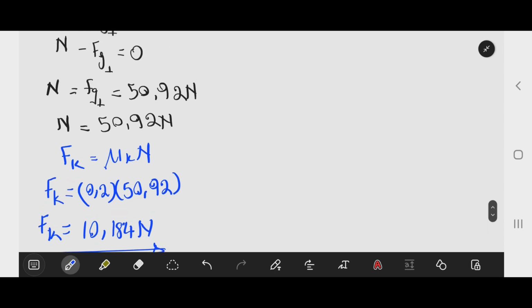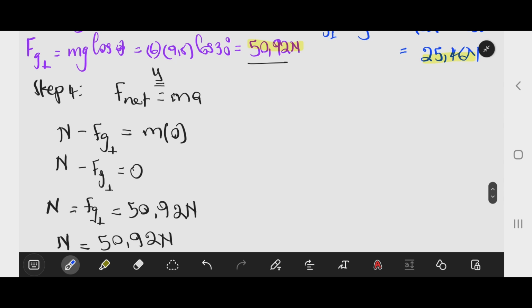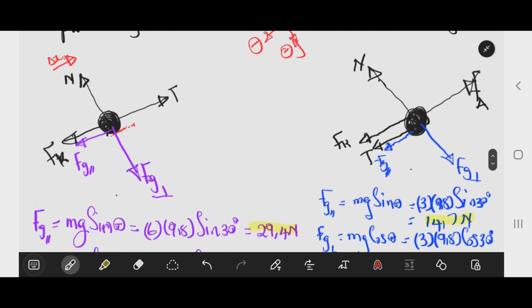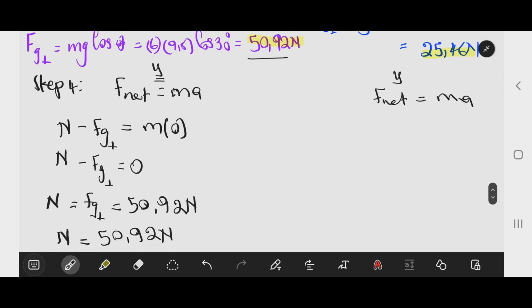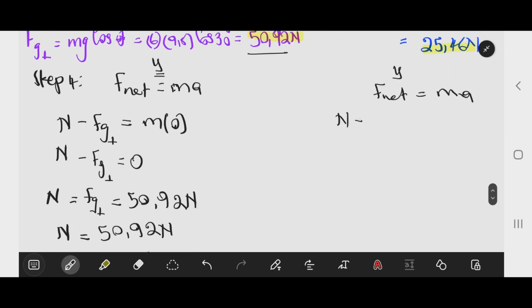So now let us perform the Fnet in the y axis for the 3 kg. For the 3 kg, how many forces do we have acting in the y direction? We have 2 forces, which is the normal force positive and Fg perpendicular, which is negative, right? So we have normal force minus Fg perpendicular, and that is equal to the mass of the object, and the acceleration is equal to 0 because the objects are not accelerating in the y direction and they're not moving in the y direction.